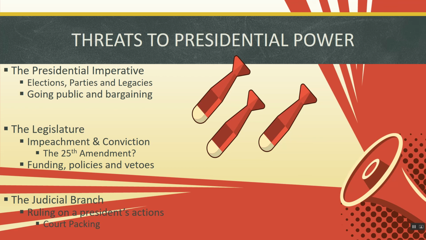But he resigned before they could get him. More frequently, the United States legislature is going to check the president not by using the nuclear option of impeachment and conviction, but by refusing to fund his policies, or in some cases overriding his vetoes. Overriding a veto is very rare. It requires a 2/3 majority of both chambers, and so it doesn't happen too frequently, but it can occur.